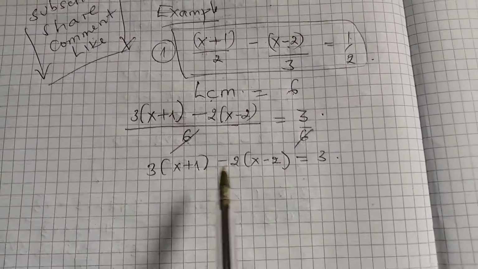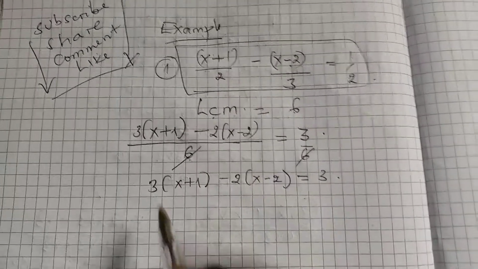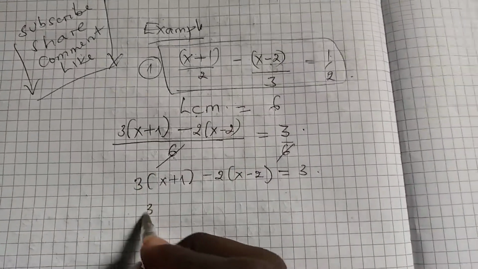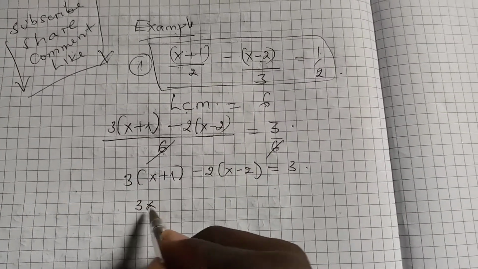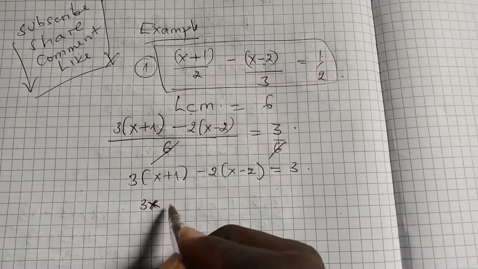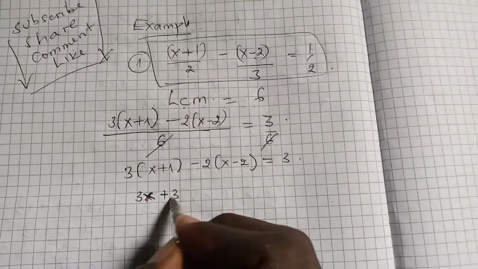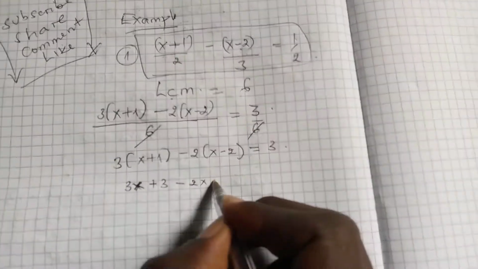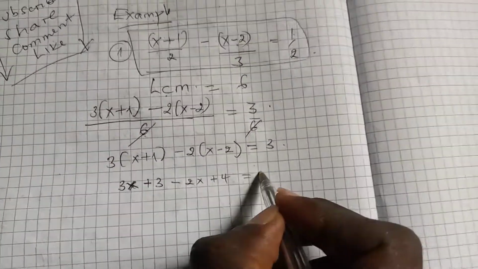So allow me to remove the brackets in this. Then it will be equal to 3x plus 3, minus 2x, then plus 4, which is equal to 3.